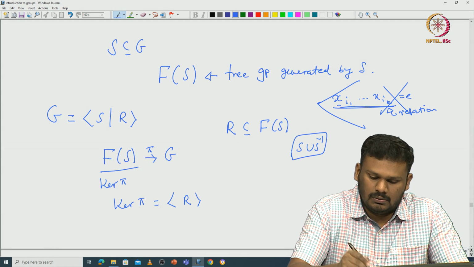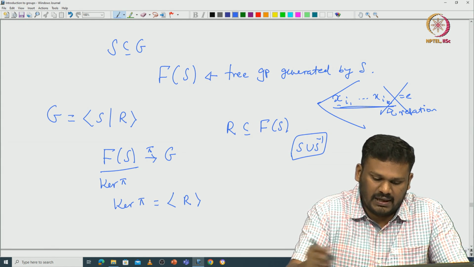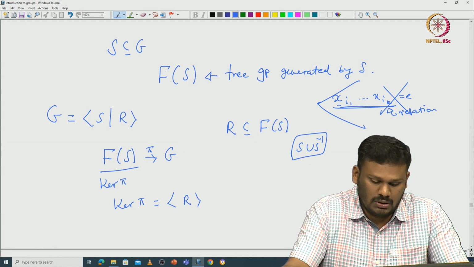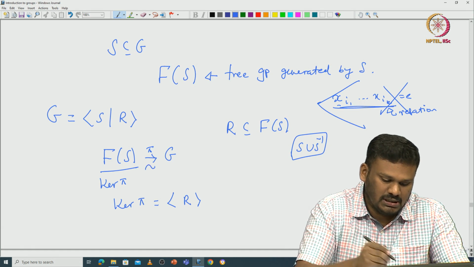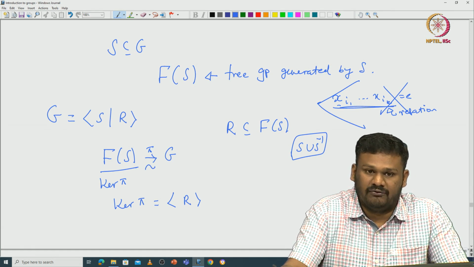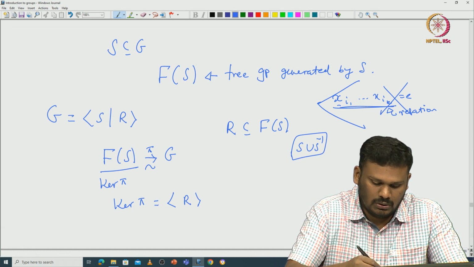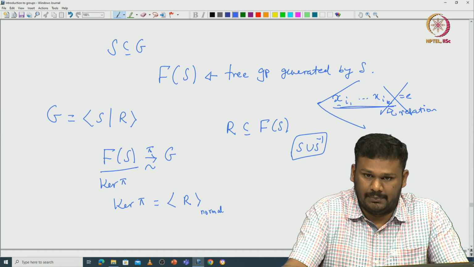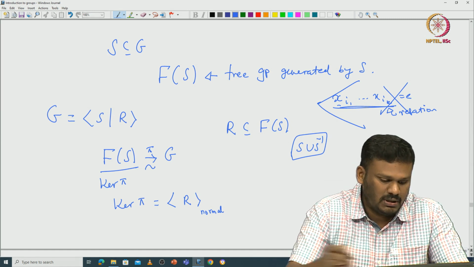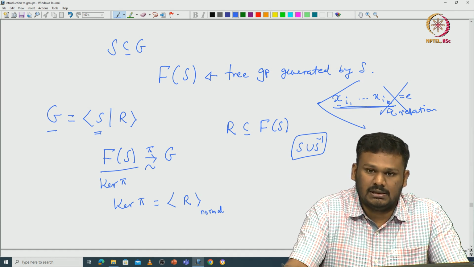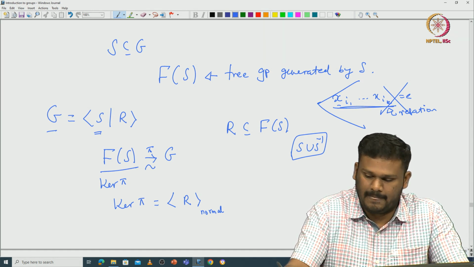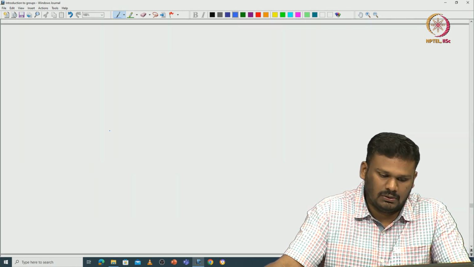Anyway, you have some set of words, and then what you demand, mathematically speaking, is that G is isomorphic to F(S) modulo the normal subgroup generated by this capital R. That is the meaning of G being generated by some set of elements S modulo the relations R. Let me repeat what you have.